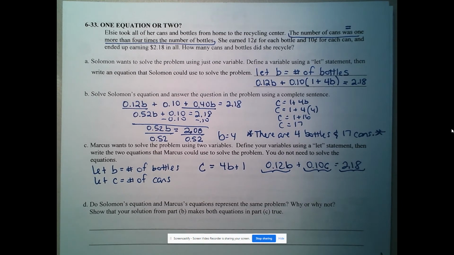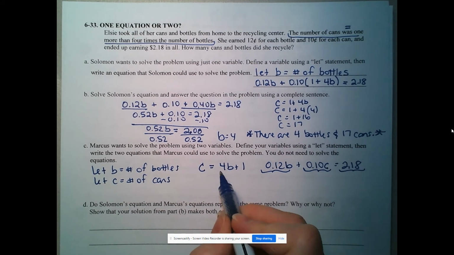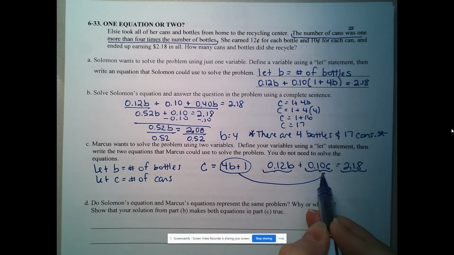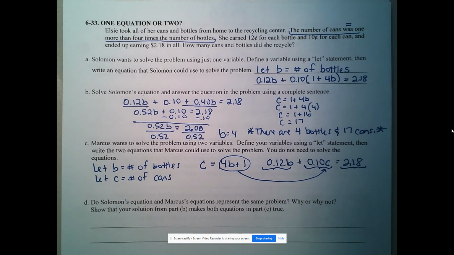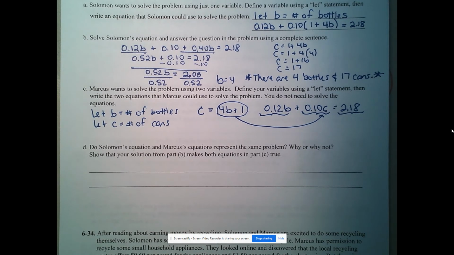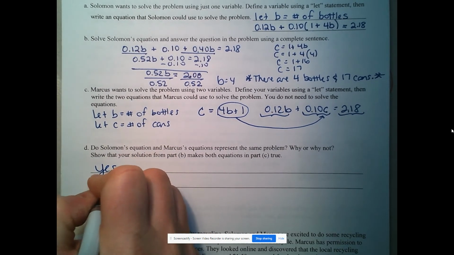But then in order to solve it, you would have to substitute the number of cans into the second equation anyway. So it is slightly more efficient if you can write it in terms of one variable to begin with. Sometimes that's just not doable. So the follow-up question, do Solomon's equation and Marcus's equation represent the same problem? Yes.